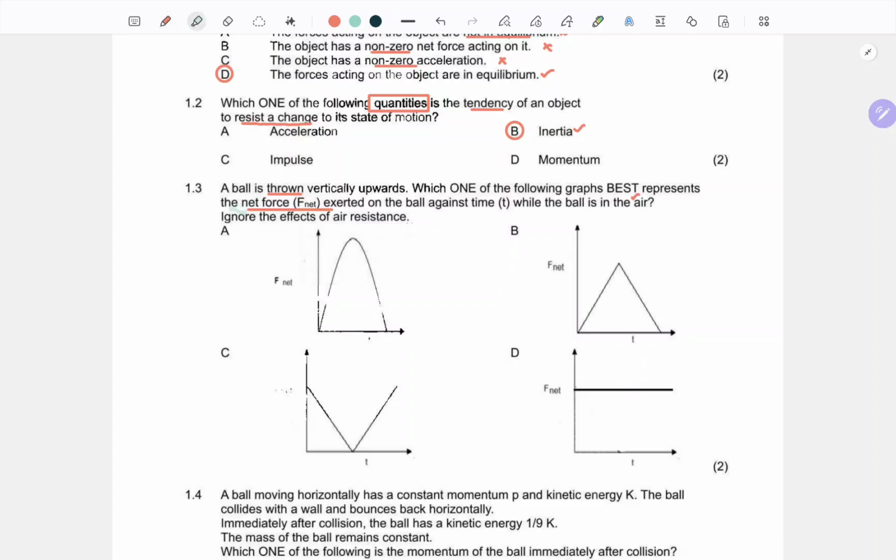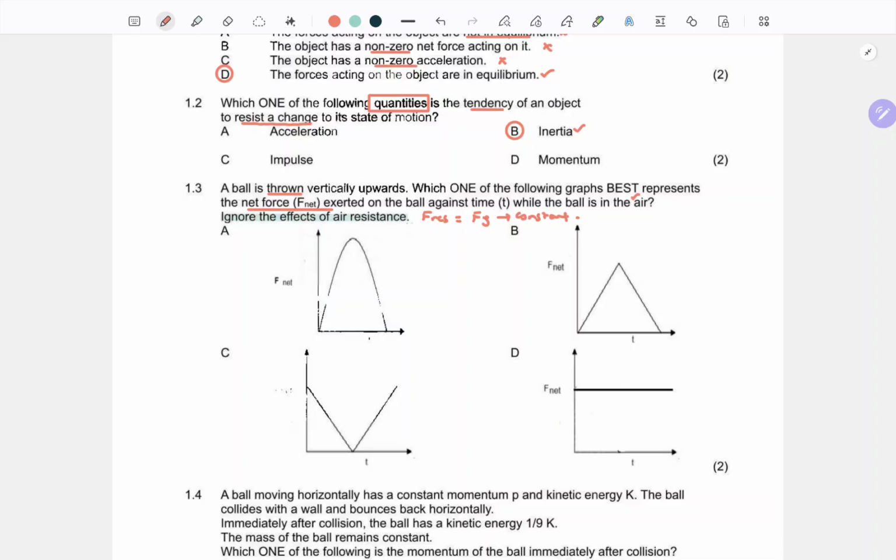And of course, this statement was a very much needed statement. If we ignore the effects of air resistance, it means the resultant force acting on the ball is going to be the gravitational force. And we know that this is a constant for any given object.